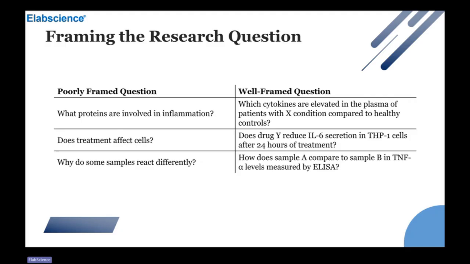For example, asking which cytokines are elevated in the plasma of the patient or in any sample for a particular X condition compared to the healthy controls or the treated ones. So this ultimately gives us clear direction, and framing these questions this way helps us guide the assay selection, control setup, and data analysis, ensuring the reliable and meaningful results.